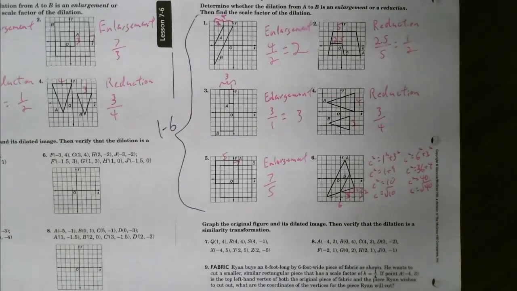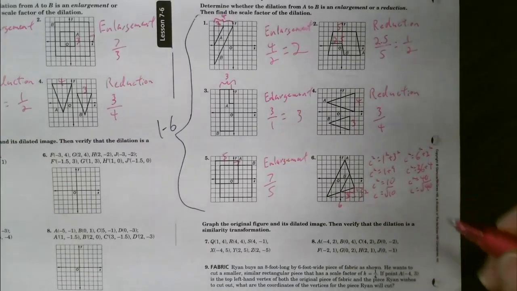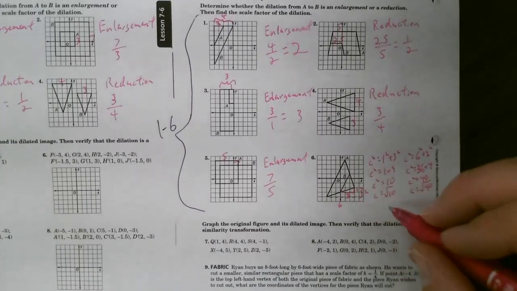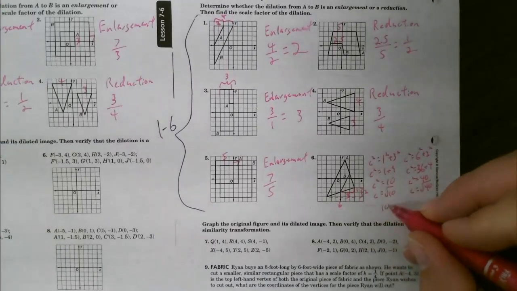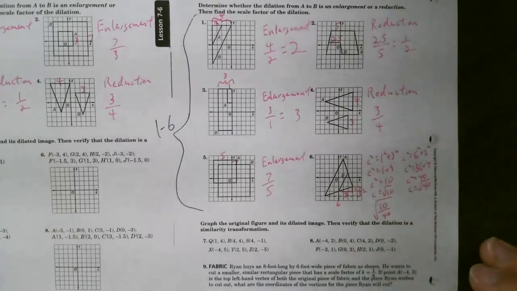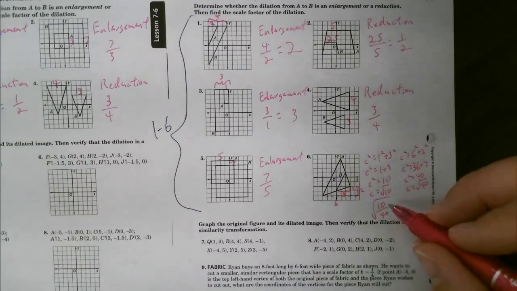If I set up my scale factor, I have my image over my pre-image. The image in this case was B again, so that was the smaller one. So I have the 10 on top, the 40 on bottom. Again, they're still both being square rooted, but they both reduced nicely.